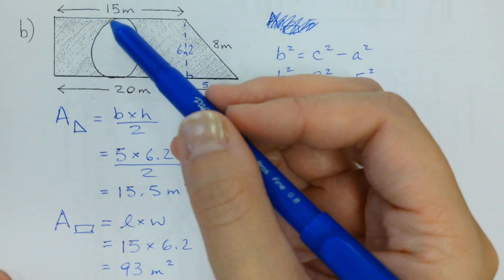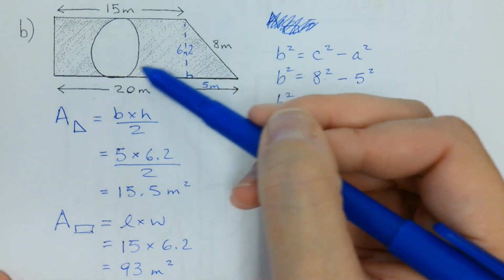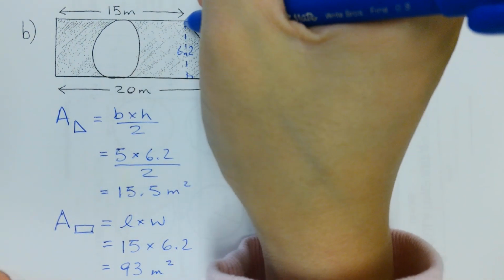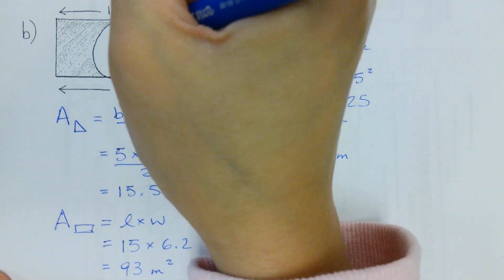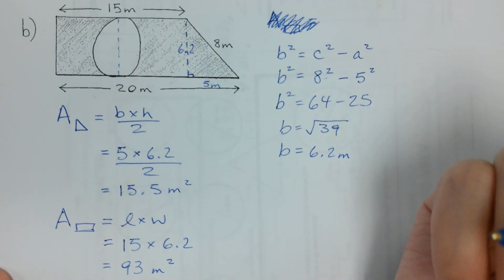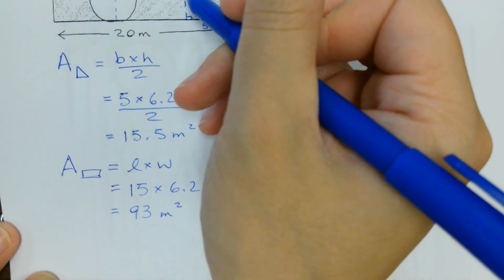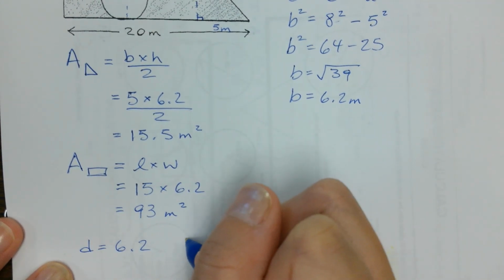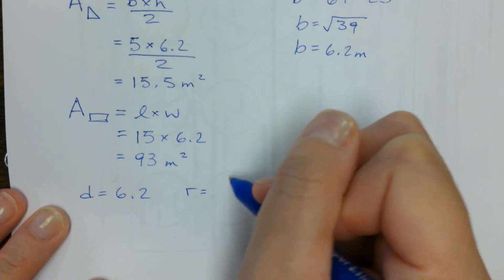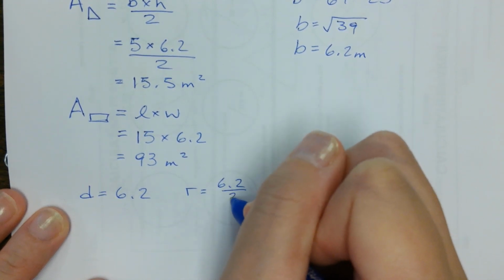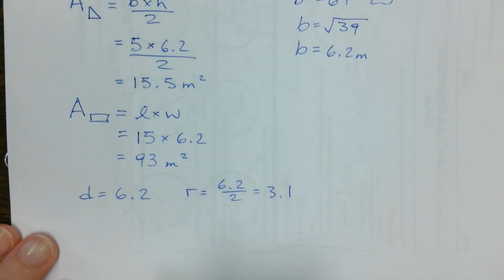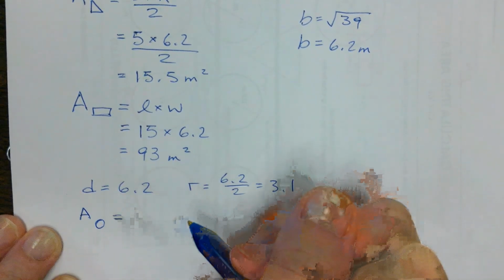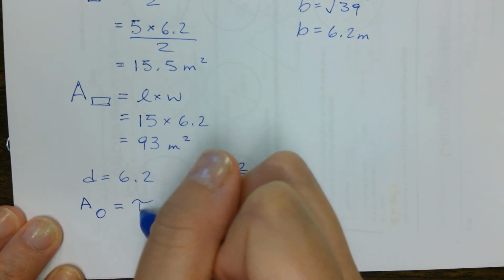And the area of the circle now. So area of the circle, what am I given here? That's not very obvious. The diameter, right? I know that the height of this is the same as this, which is the diameter. So my diameter is actually 6.2. If diameter is 6.2, what is radius? Divided by 2, so 3.1. Why I need to find radius is because area of a circle is pi r squared.